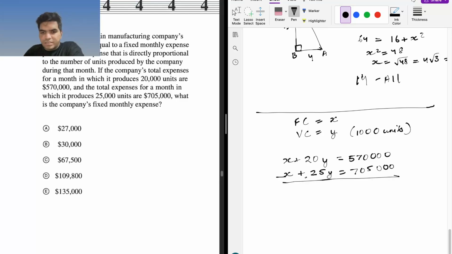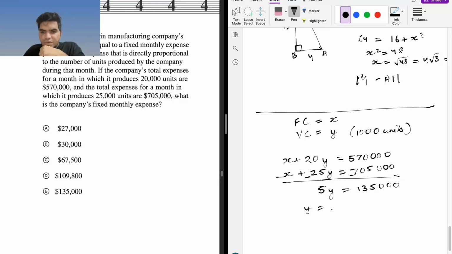Just subtract. Nothing simpler than that. So 5y is equal to 135,000. There was a negative, I removed it. I hope that is clear.